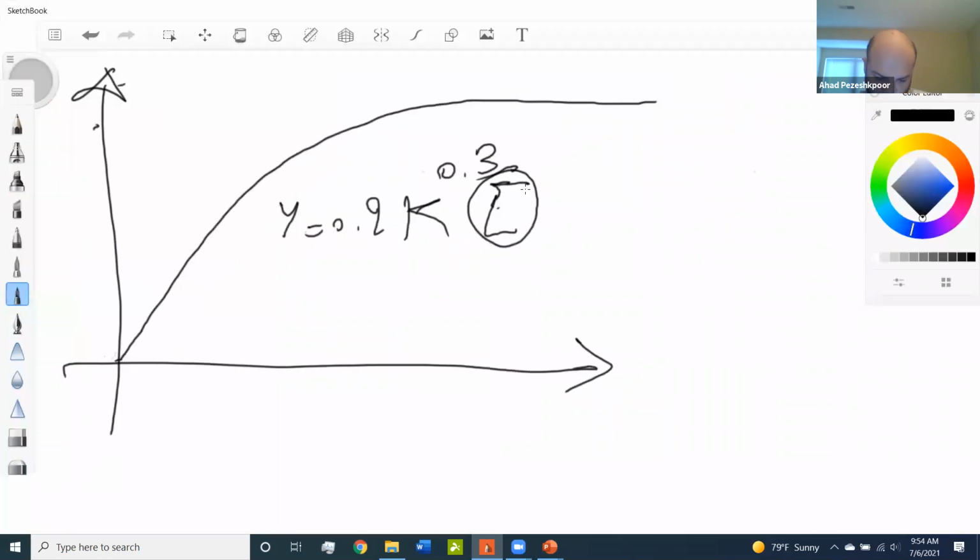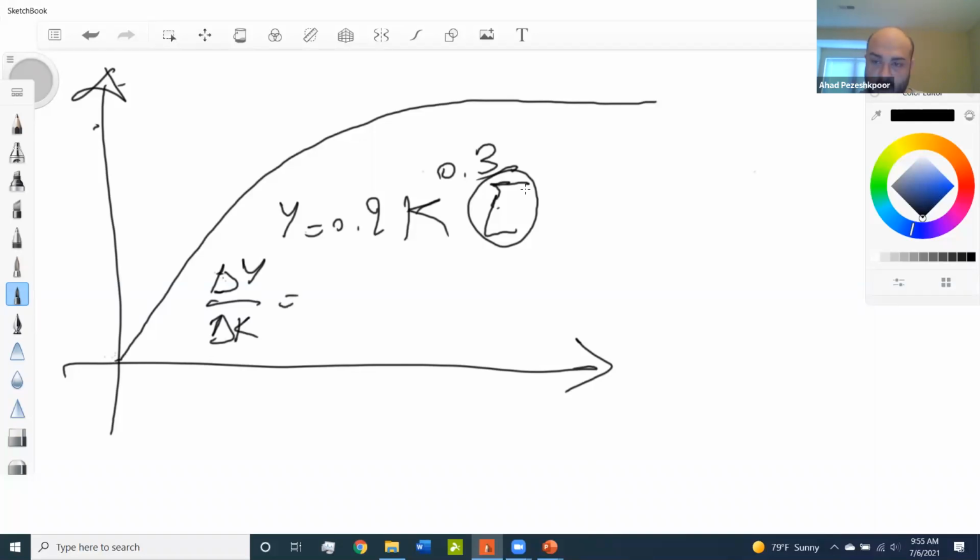Now, what's the derivative of this function? Or what's delta Y over delta K, if delta K is one unit?